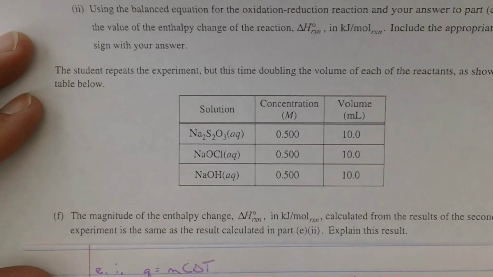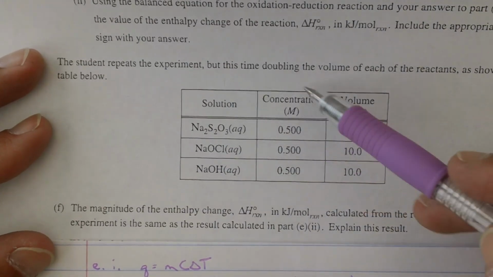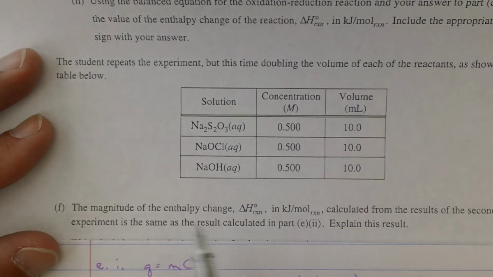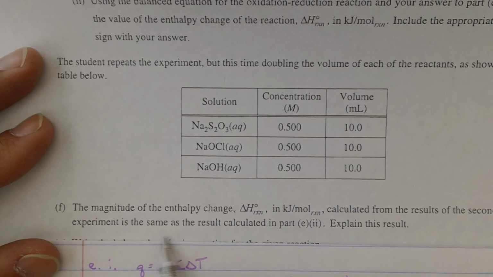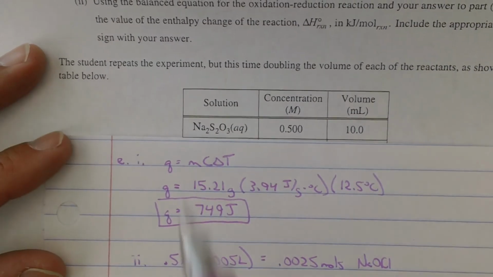We got a couple little quick hitters to finish up. Letter F says the student repeats the experiment. This time they double the volume of the stuff in the table. It says the magnitude of the enthalpy change in kilojoules per mole reaction is exactly the same as the first reaction. Explain this result.